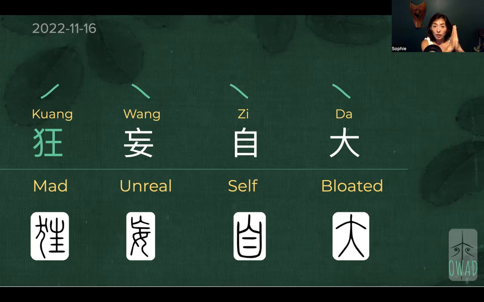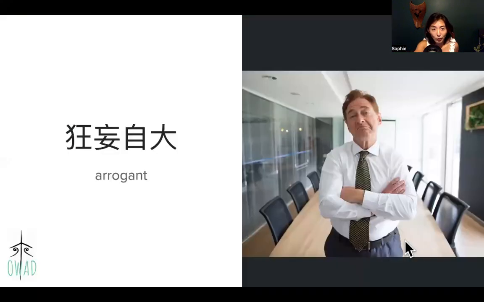We have small, which is the opposite, separating the two with this vertical indicator line, to mean that the two are separated. Versus this, which used to be like this, now has another one attached to it, combined together. So that's a pretty abstract way, and you have to see another character to understand this character. So that's big. Now it's bloated, oversized, and all of them together is the Chinese way of saying arrogant.